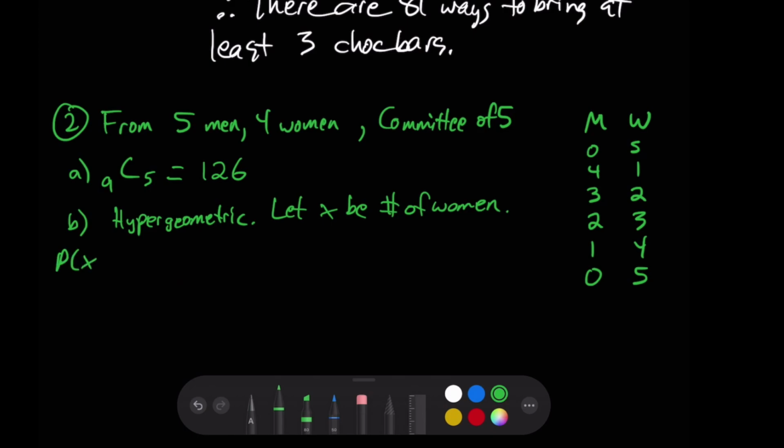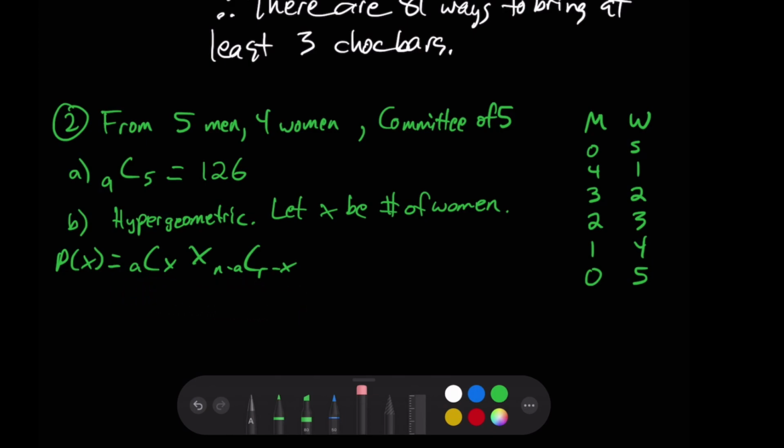So P of X is equal to A choose X times N minus A choose R minus X. Oh, and it's not probability. It's just how many ways the committee can be formed. So with probability, we would divide by N choose R, but I don't need to divide that. I just want the number of favorable outcomes, which is the top part.